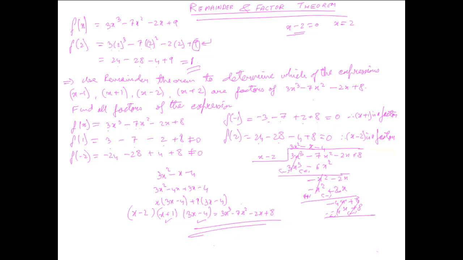This is the next question, children. A very common question that they ask is this, with simultaneous equations involved: the expression 2x cubed plus ax squared plus bx minus 2 leaves a remainder of 7 and 0 when divided by x minus 3 and x plus 2 respectively.